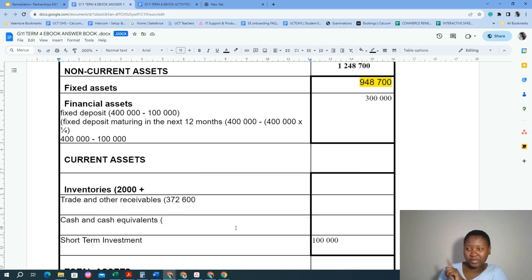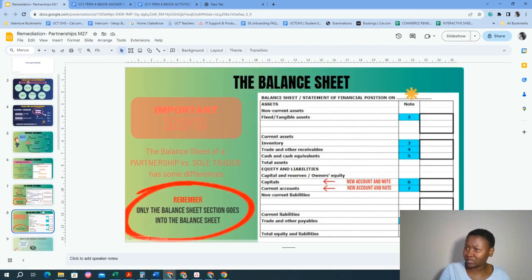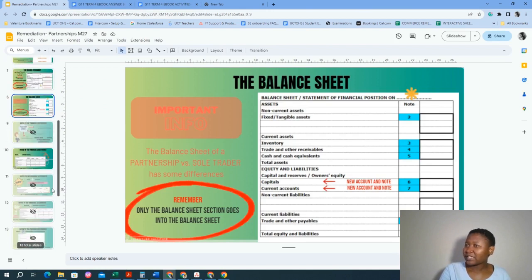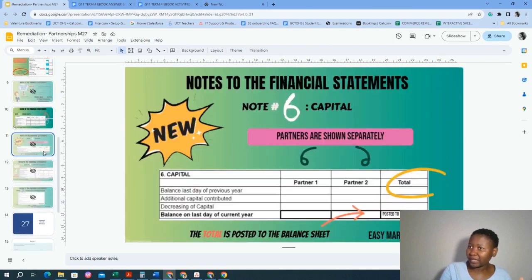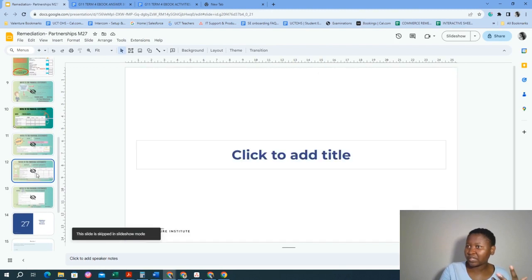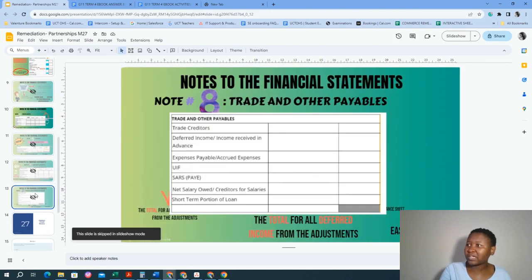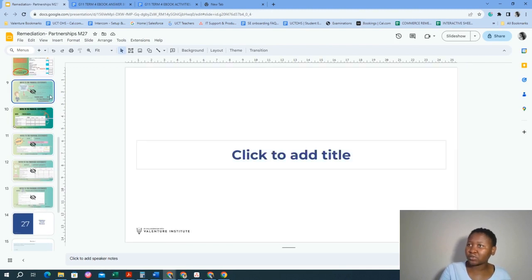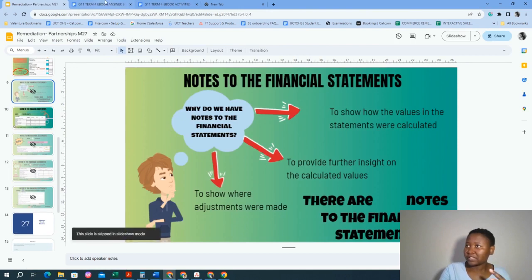So what goes on in our cash and cash equivalent? It's very important to know what exactly constitutes my cash and cash equivalent. I should be in a position to answer this question.